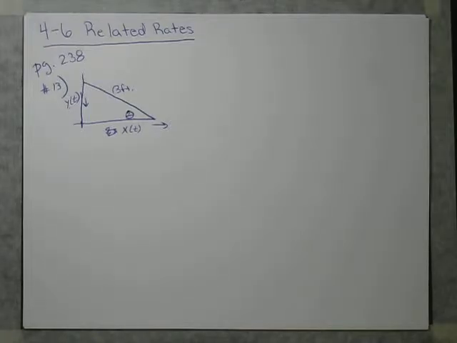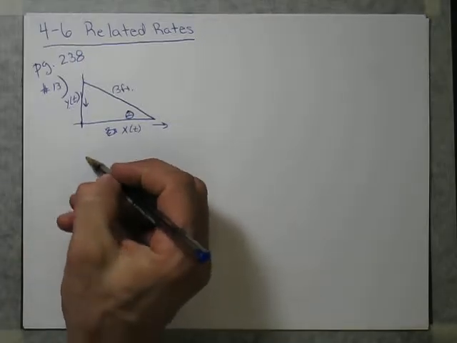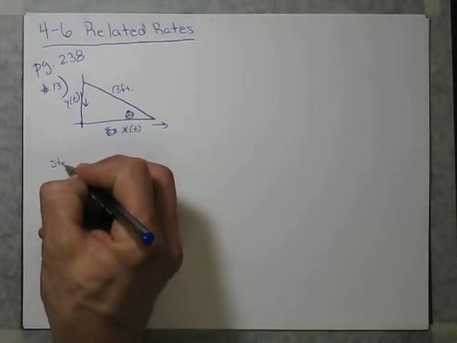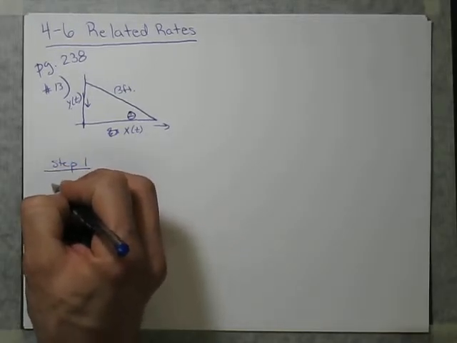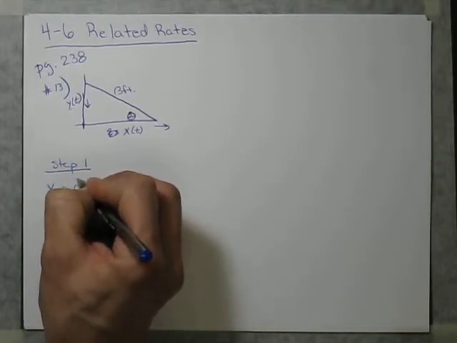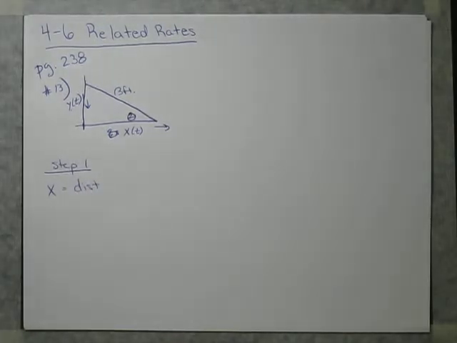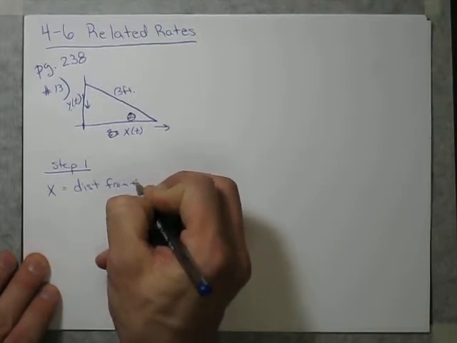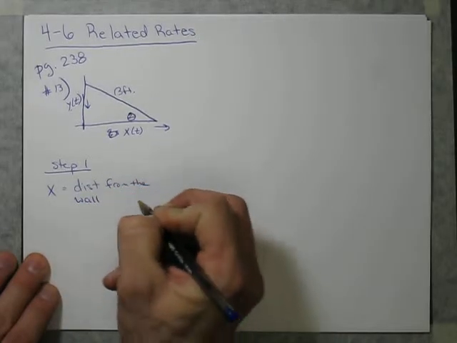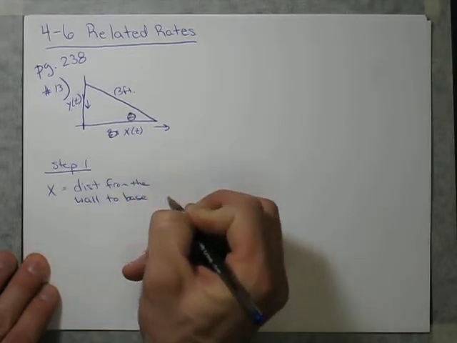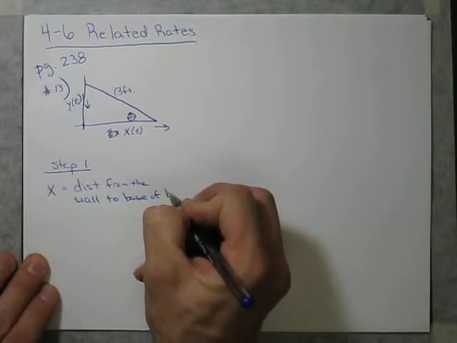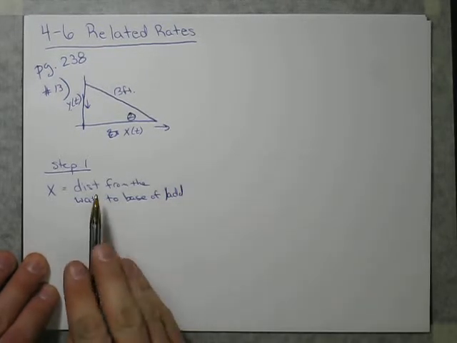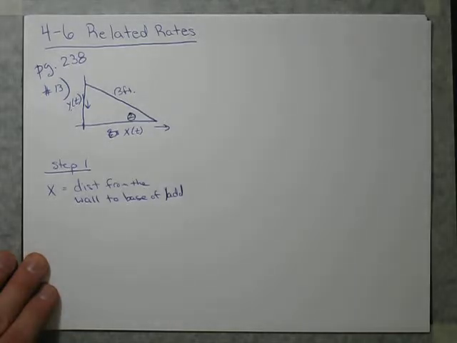So step one, we need to assign some variables. So step one here is x equals the distance from the wall to the base of the ladder.